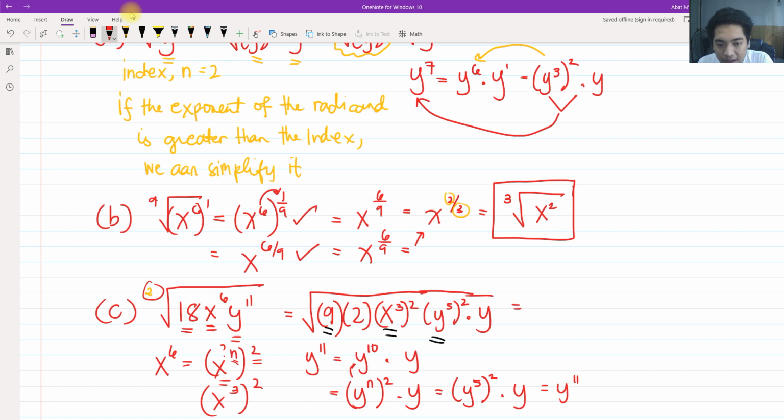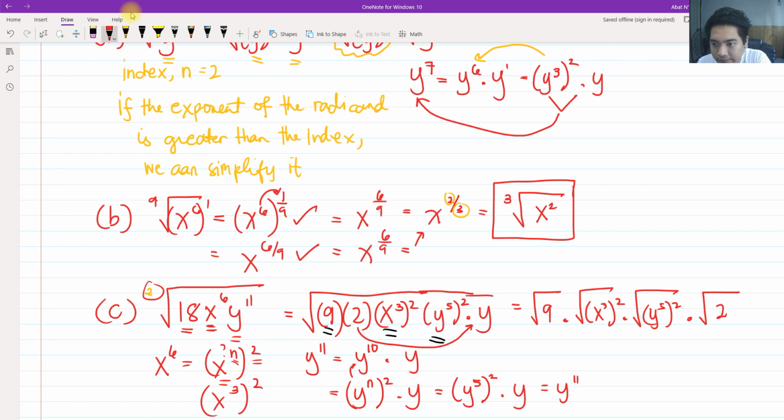So we have now the square root of 9, I'm going to rewrite it, then multiplied by 2 times y here, because those are not perfect squares. We cannot evaluate them. We have the square root of x cubed squared multiplied by the square root of y raised to 5 squared multiplied by the square root of 2 times y.